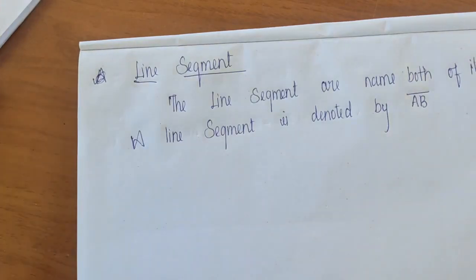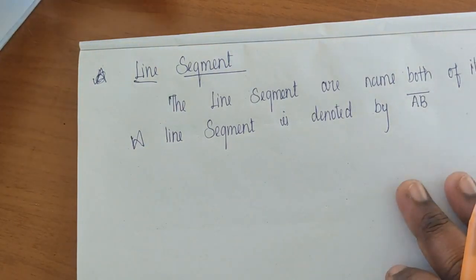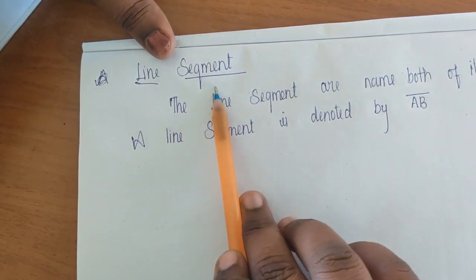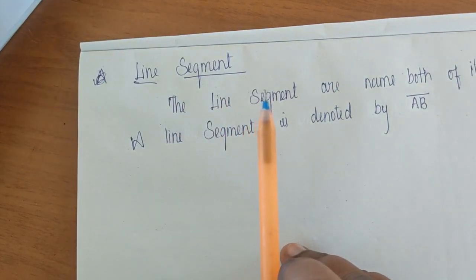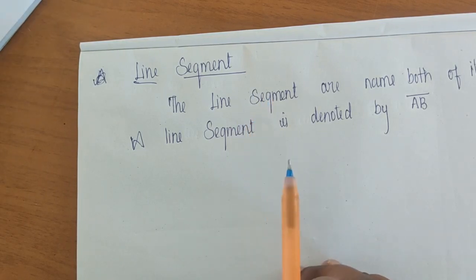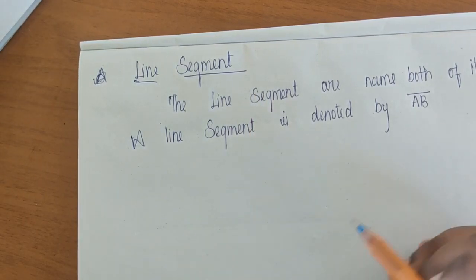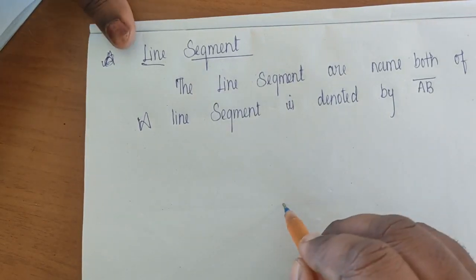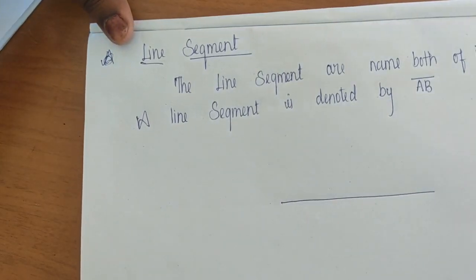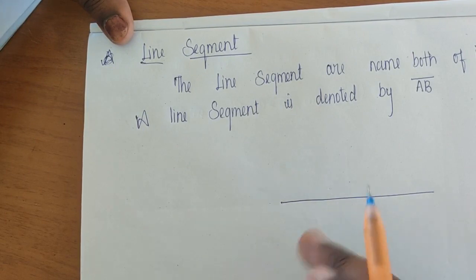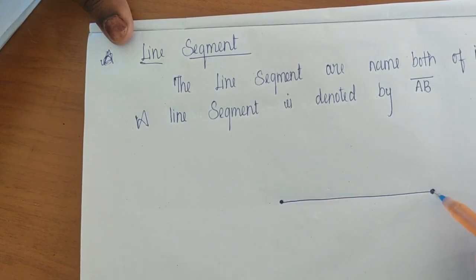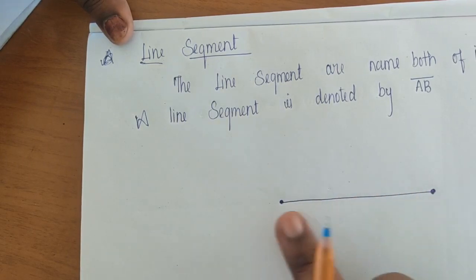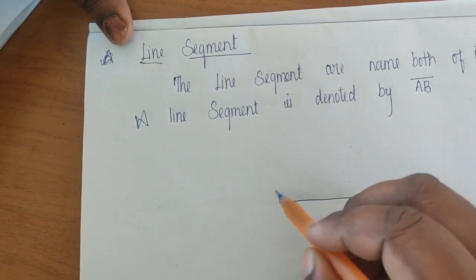Okay students, next we learn about the line segment. A line segment is named by both of its ends with capital letters. For example, this is the line, with a starting point and an ending point, named with capital letters.